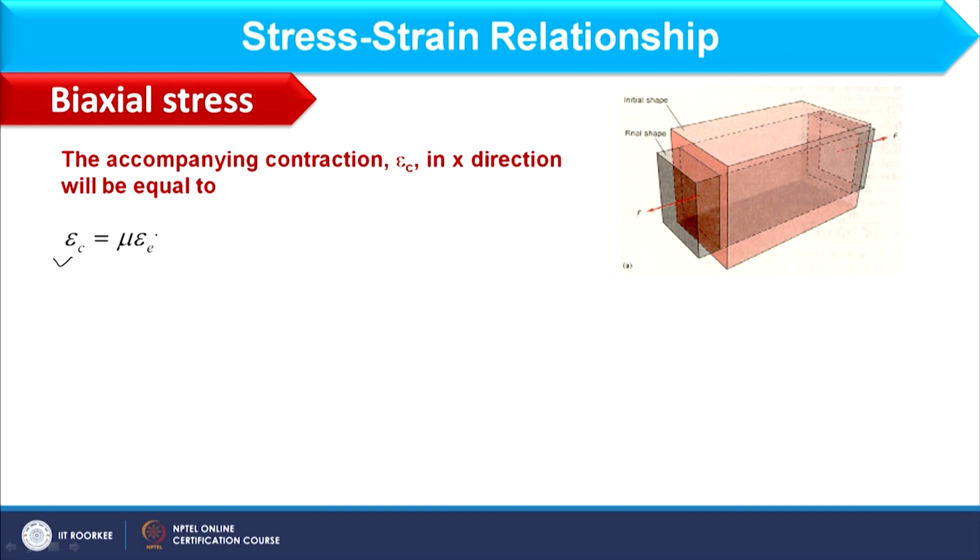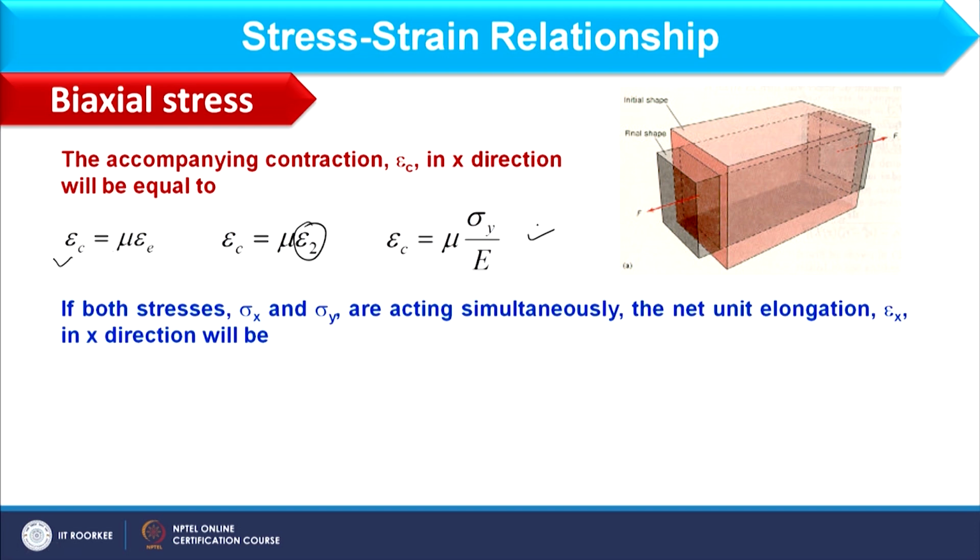Epsilon e is basically the elongation in the y direction, so we can replace it with epsilon 2. So, epsilon c equals mu into epsilon 2. Epsilon 2 has a particular expression, which we put over here: mu sigma y by E.